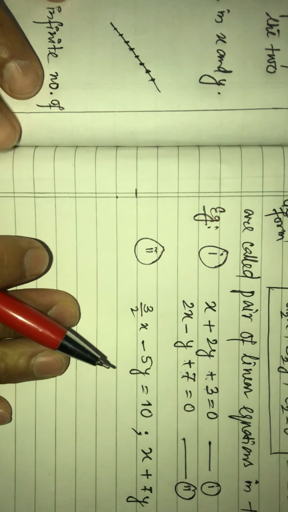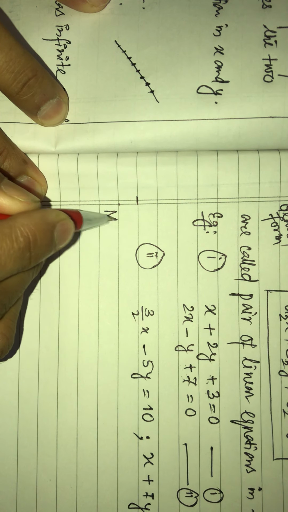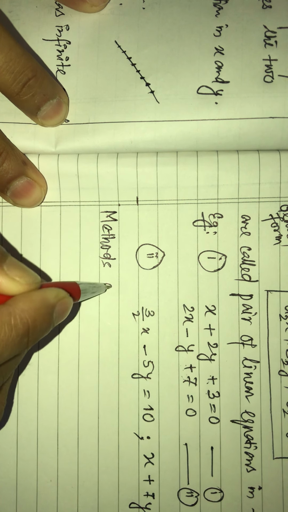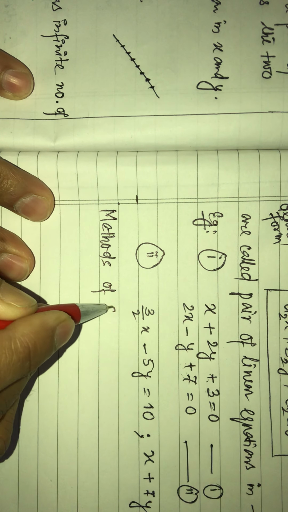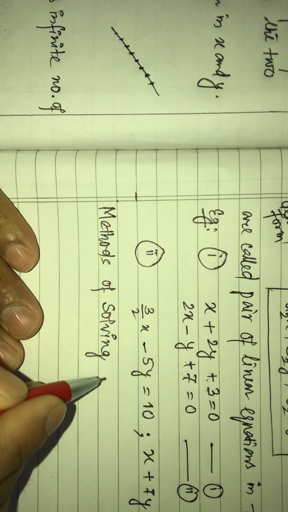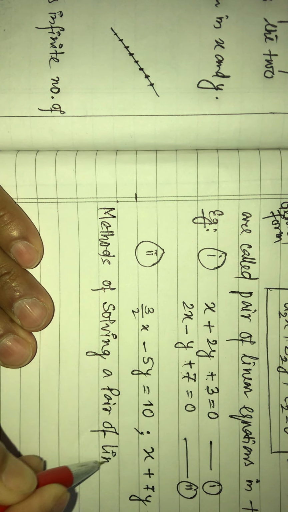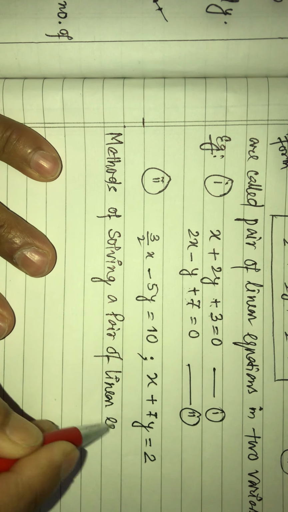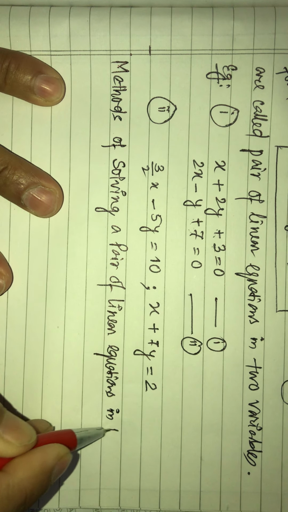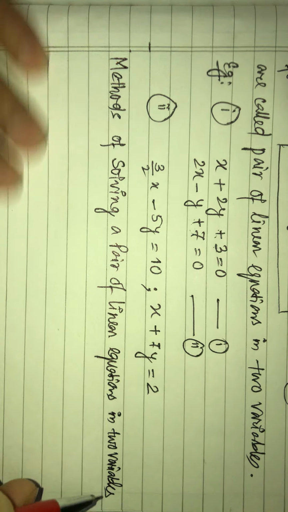Okay, so here I'll write: Methods of solving, means finding solution, solving a pair of linear equations in two variables.